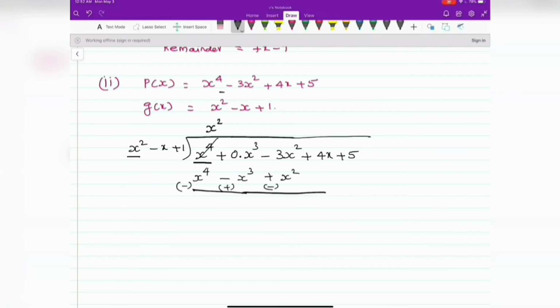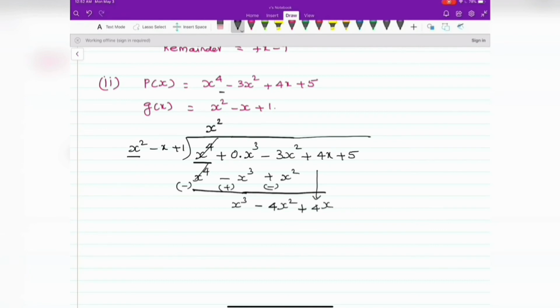Plus x power 4 minus x power 4 will get cancelled. Then here I will be having x cube. Minus 3x square minus x square will give me minus 4x square. Then bring down this 4x. That will be plus 4x.